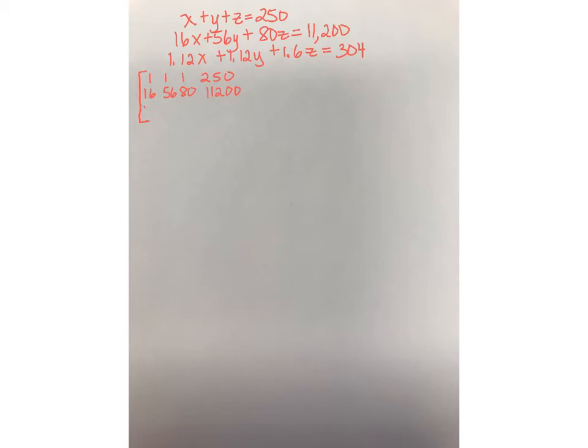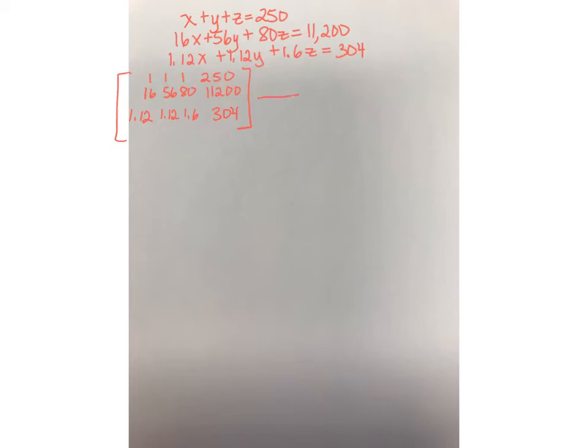And then you have 1.12, 1.12 again, 1.6, and 304. Now we can eliminate these decimals in the third row here by multiplying row 3 by 25.